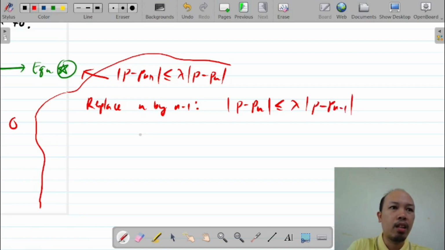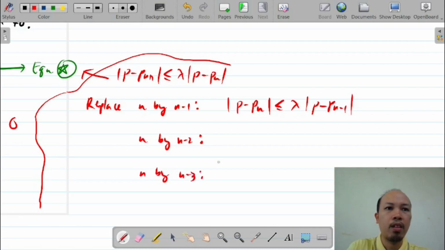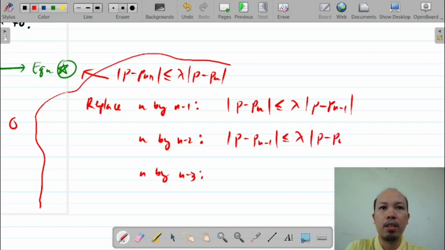Okay, again replace n by n minus 2 and replace n by n minus 3. So what we have here is the absolute value of P minus P sub n minus 1 less than or equal to lambda times the absolute value of P minus P sub n minus 2. This one, the absolute value of P minus P sub n minus 2, is less than or equal to lambda times P minus P sub n minus 3.